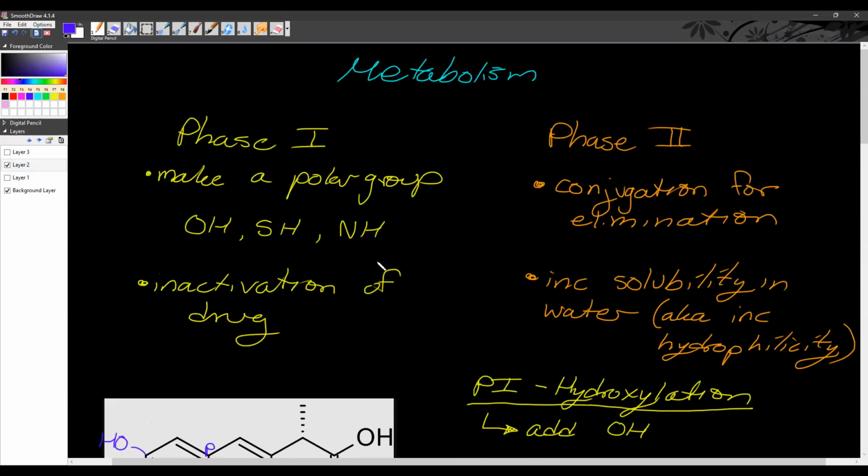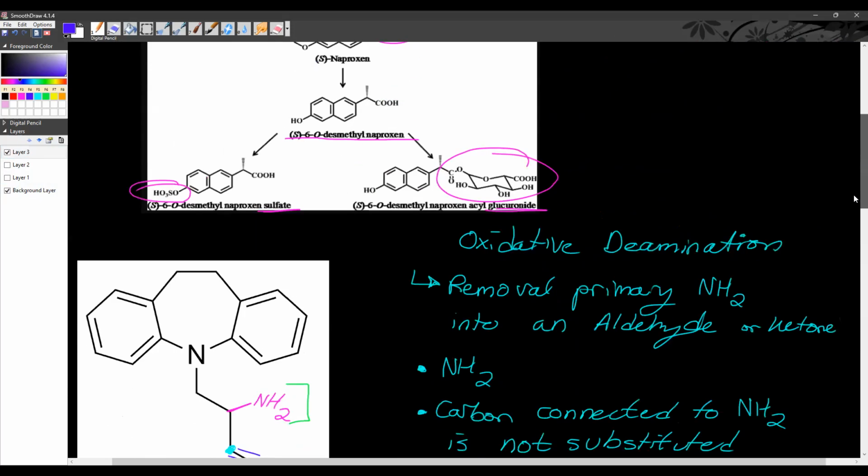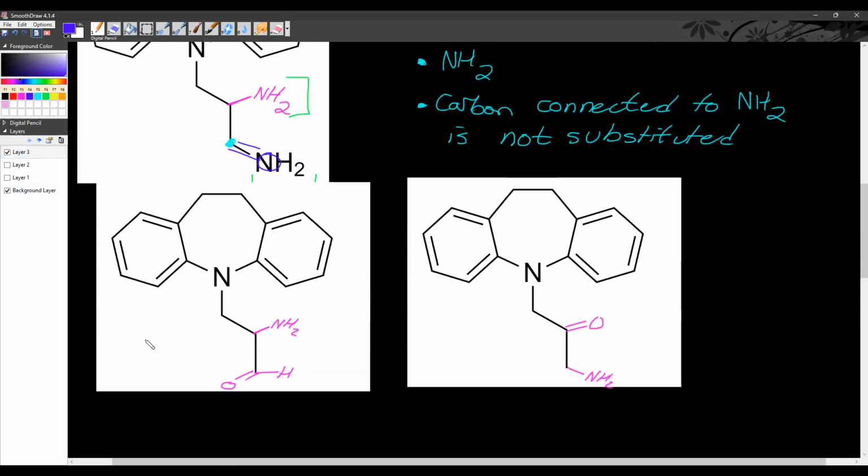Make a polar group, OH, SH, or NH bond. Oxidative deamination does not do that. It does not produce a very polar group. In fact, it takes away a very polar group, NH2. So what is the purpose of oxidative deamination if it's doing the reverse of what we think it would do? What is the purpose of oxidative deamination?